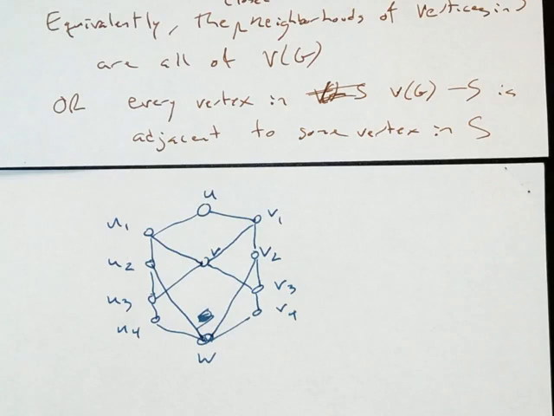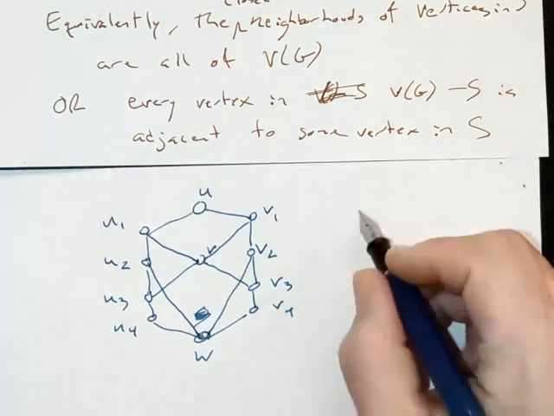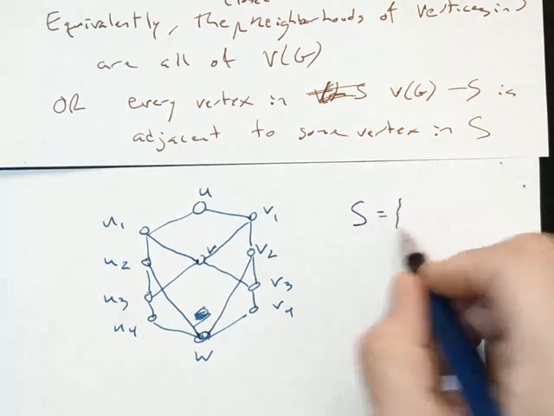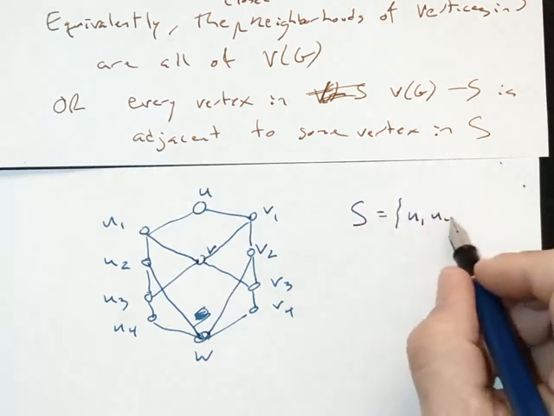Is the following set of vertices a dominating set?